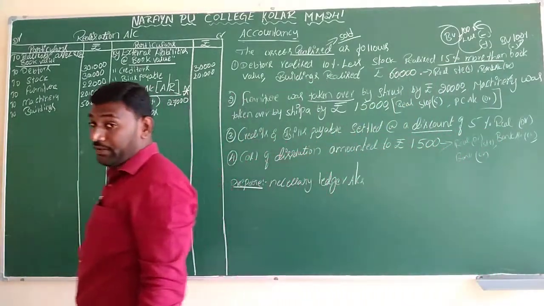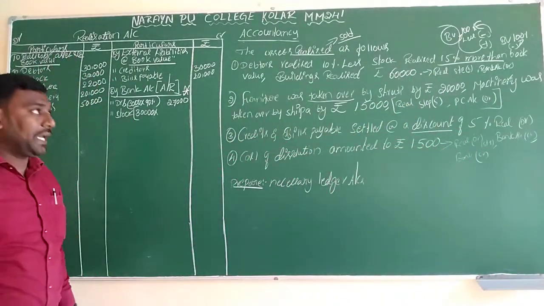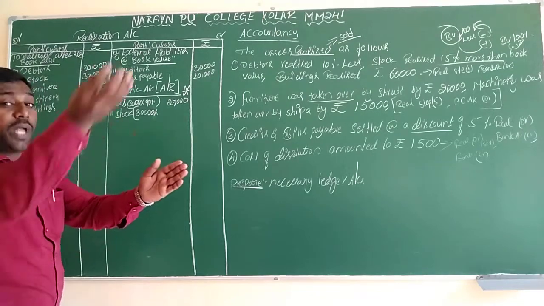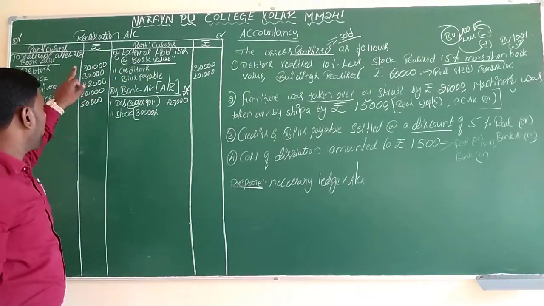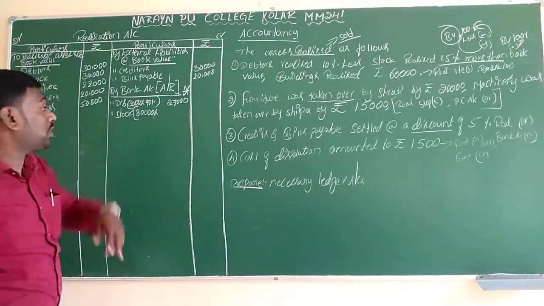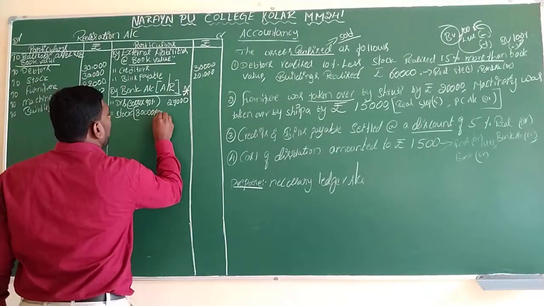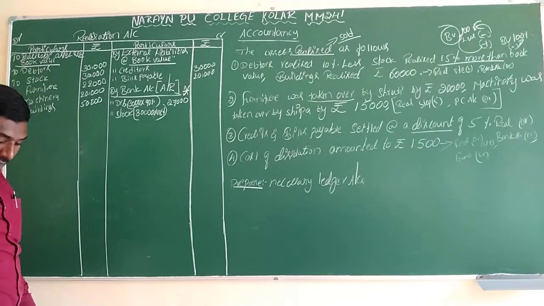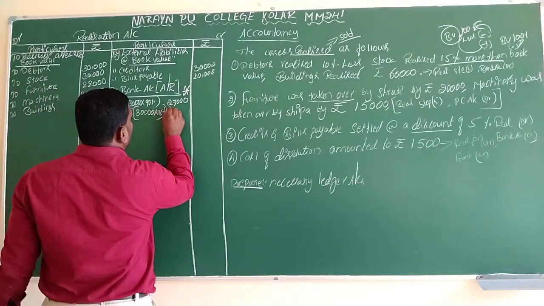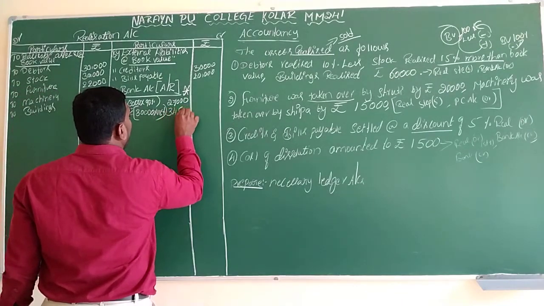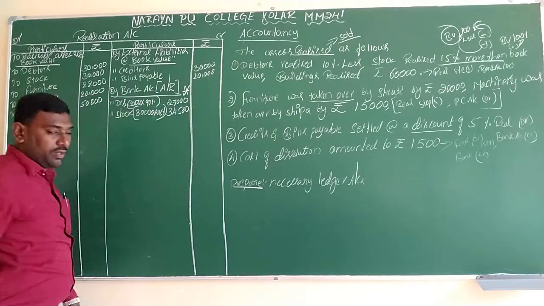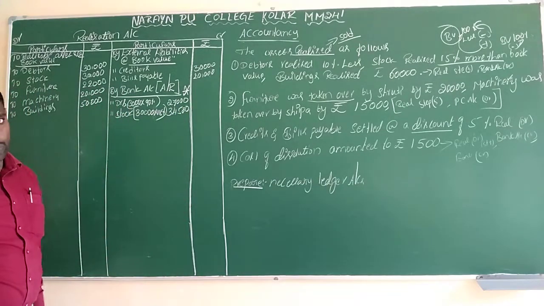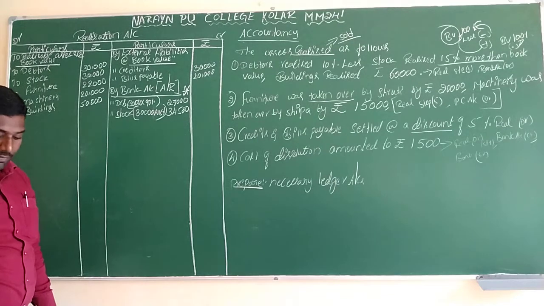The book value we should consider 100%, and more means we should add to that 100%. Book value is 100 plus 15, so the value is 115%. Therefore, the value we get is 34,500 for stock, in the adjustments they are given.